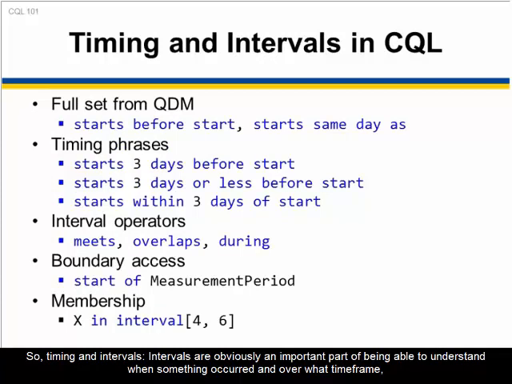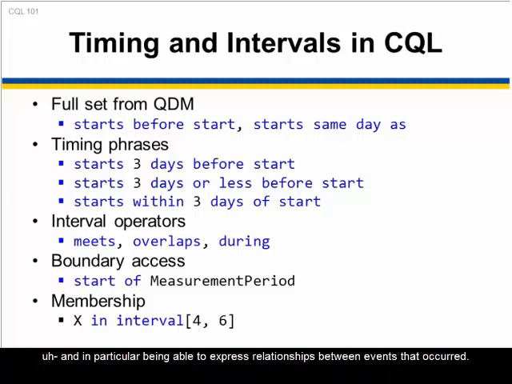So timing and intervals. Intervals are obviously an important part, being able to understand when something occurred and over what time frame. And in particular, being able to express relationships between events that occurred. So we have the full set of timing operations from QDM. So you can say starts before start and those types of things.